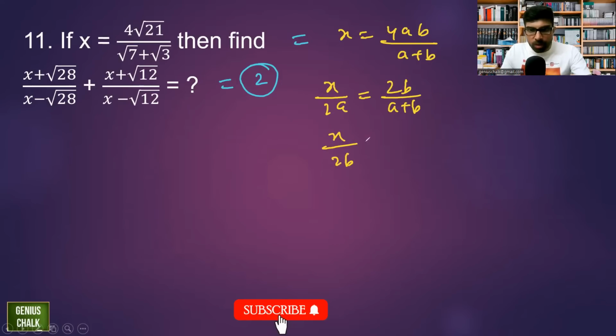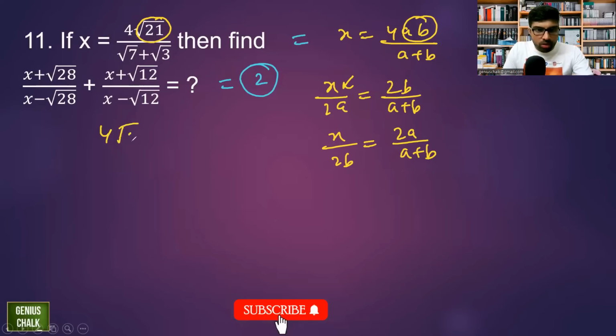And x by 2b, I will write 2a upon a plus b form. This form is there. You see, this is 4ab, right? If I take this 2 here, it will solve my purpose. Let's see. You see, this is 4 root 7 into root 3, and this is root 7 plus root 3. This is the value of x.